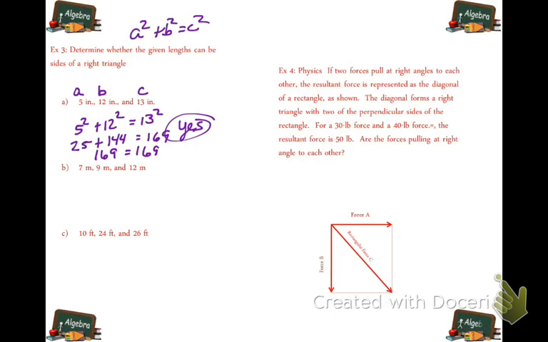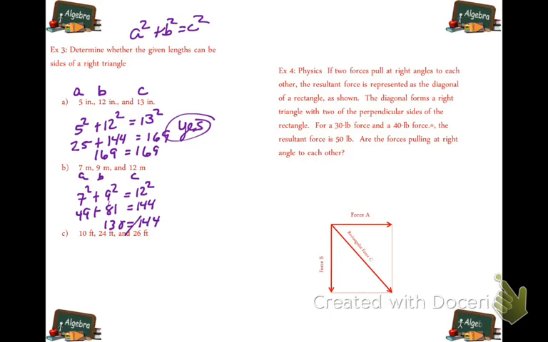That's how you would do it. Okay, let's try it again. A, B, and C. 7 squared plus 9 squared equals 12 squared. So 49 plus 81 equals 144. And that would be 130 equals 144.